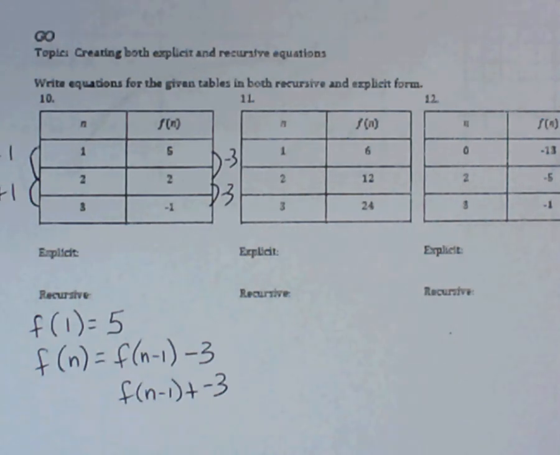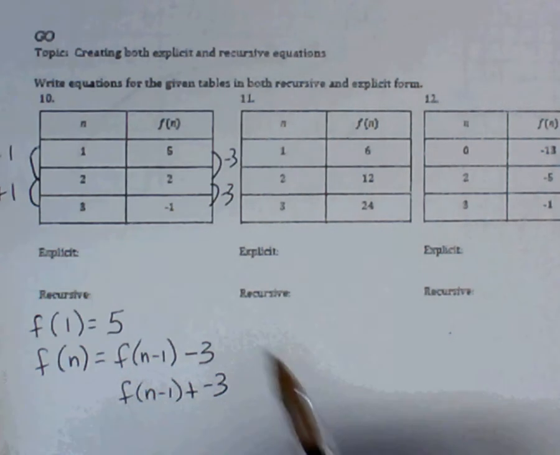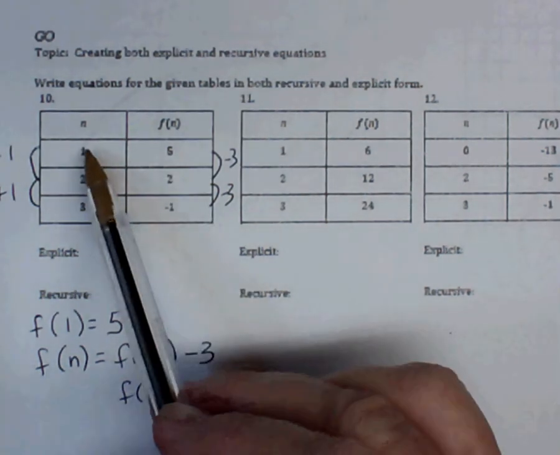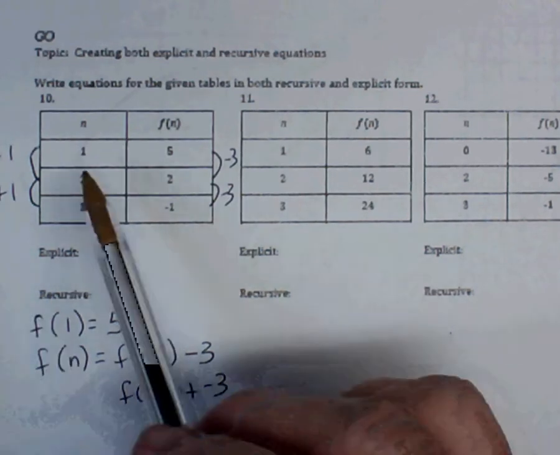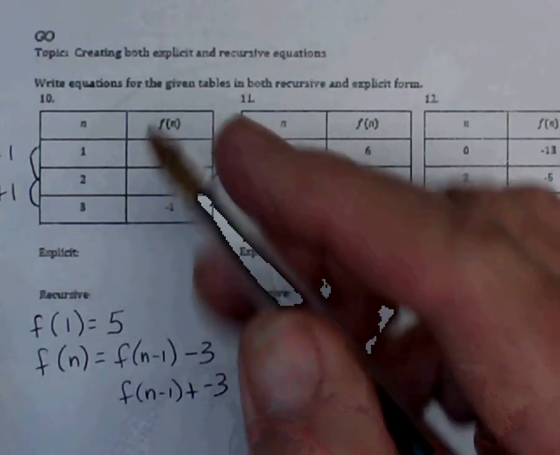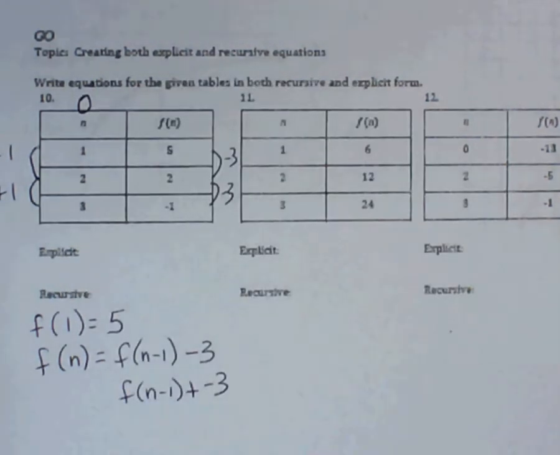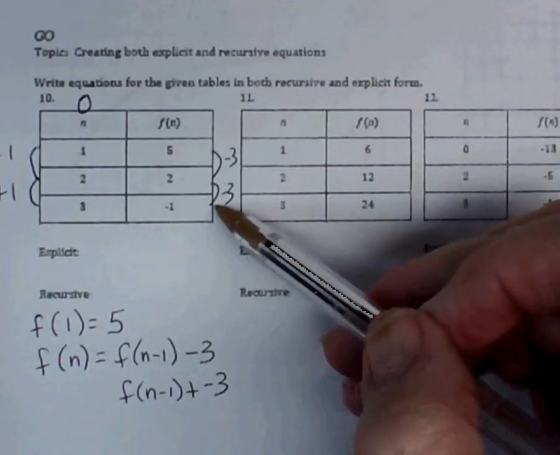All right, explicit. So one of the ways to figure out how you're going to do that is to figure out what the 0 step would be, which is the same thing as saying what the y-intercept would be, and that's easy in this case. If I wanted to make step 0, I'm going to put it up here. I would just say, well, I need to go backwards.